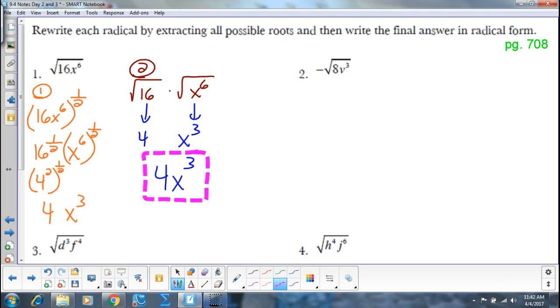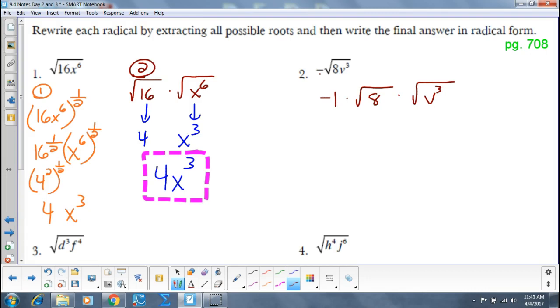Now, let me show you the next one, where it doesn't necessarily work out nice and pretty. This would be negative 1, that's that part right there, times the square root of 8 times the square root of v cubed. I broke it up into each individual part. Nothing that I can do with negative 1.